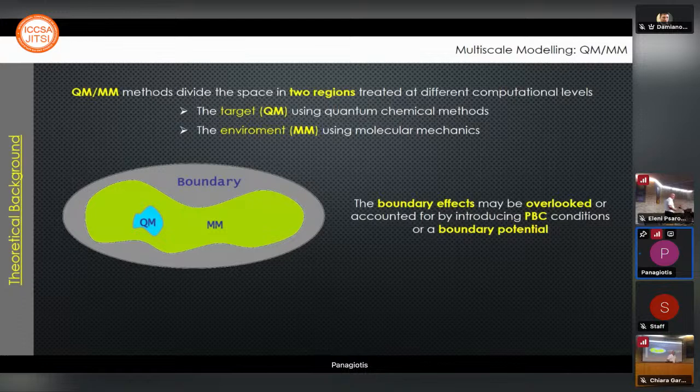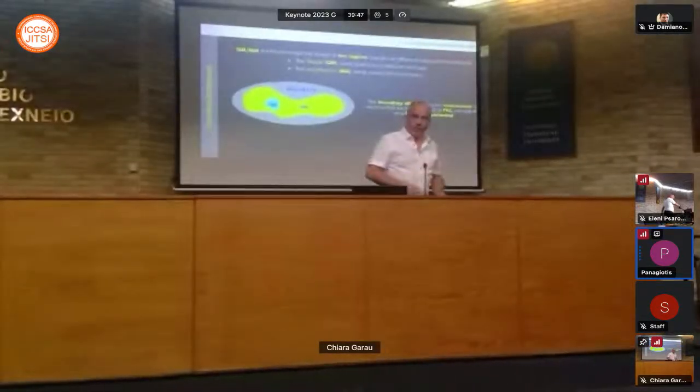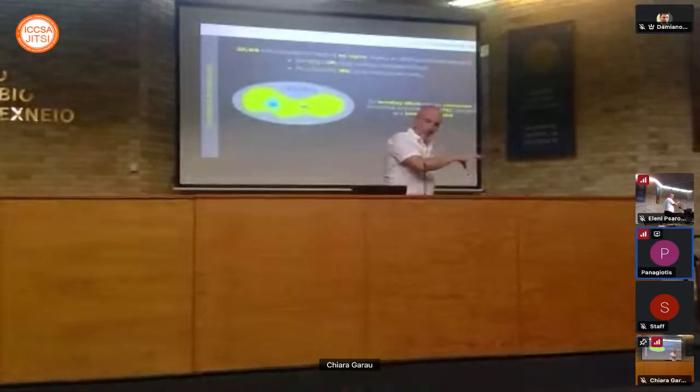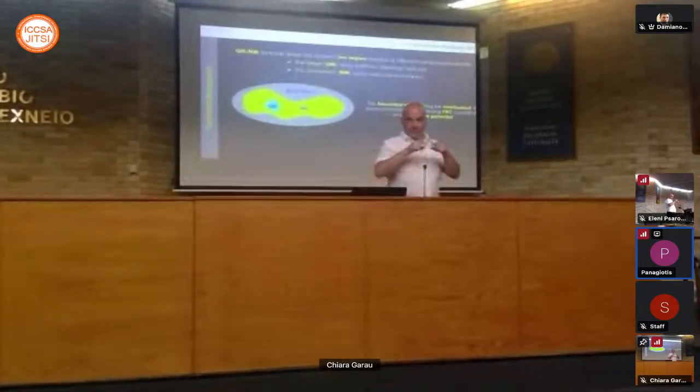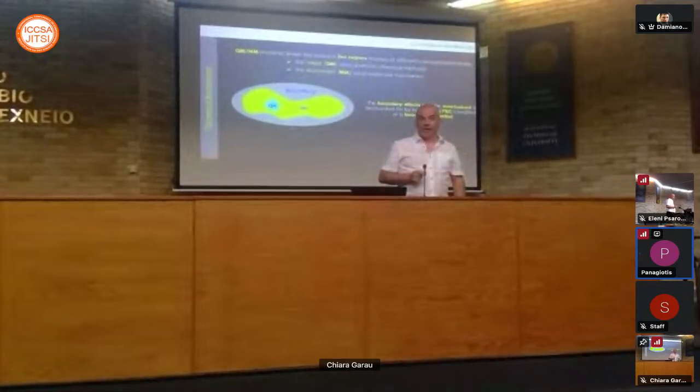Many times the boundary effects are overlooked or are accounted for by introducing periodic boundary conditions or a boundary potential. But the effect of the boundary on the target region is normally negligible as long as the MM region, the classical region, is large enough.